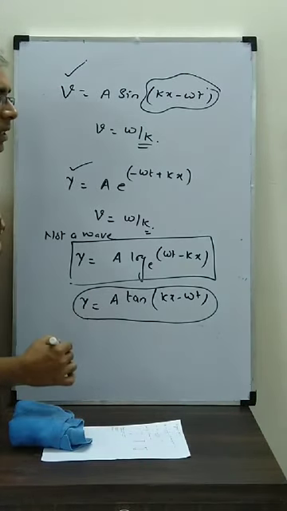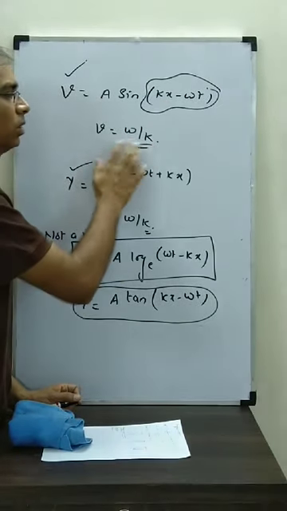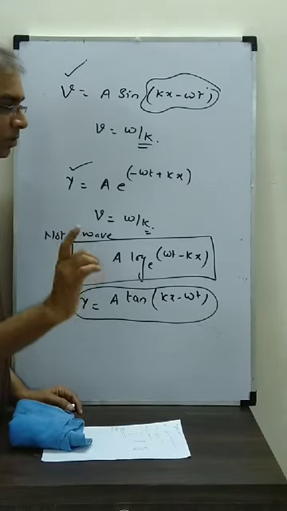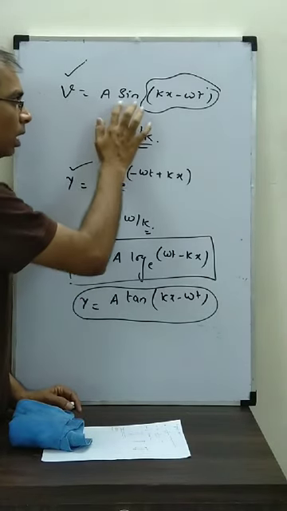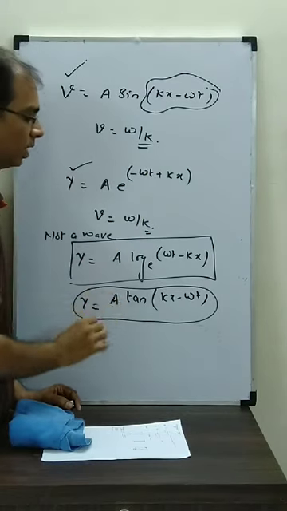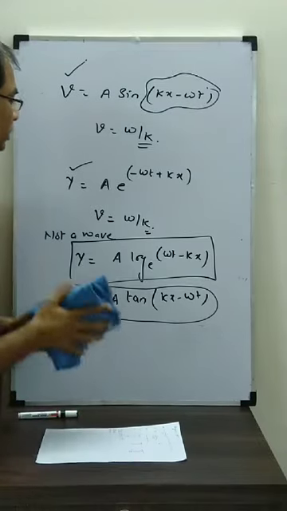Then in which case can we say a wave is there? If this form is there, in kx minus omega t, we know that it has velocity also, speed also. So first thing, how to identify which function is representing a wave and which function is not representing a wave. Listen carefully.